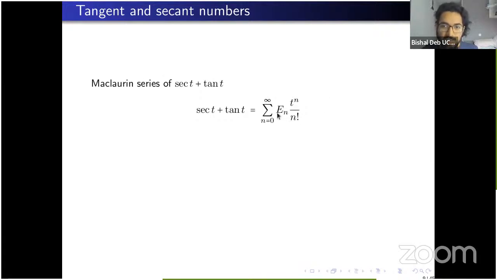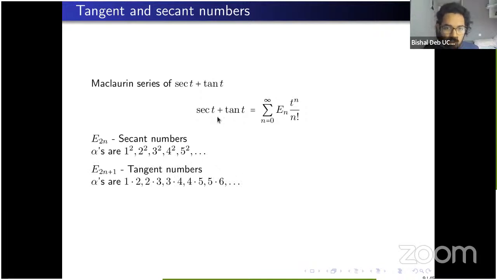I call these coefficients E sub n. If you take the even terms in this sequence, these are known as the secant numbers. The even terms are entirely contributed by the trigonometric function secant, and the odd terms are entirely contributed by the tangent function. These are known as the tangent numbers.